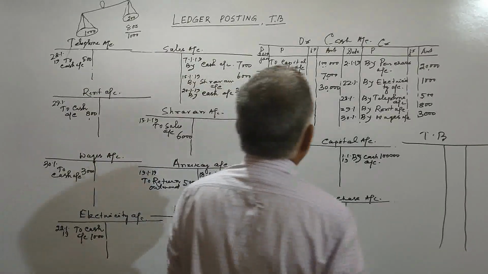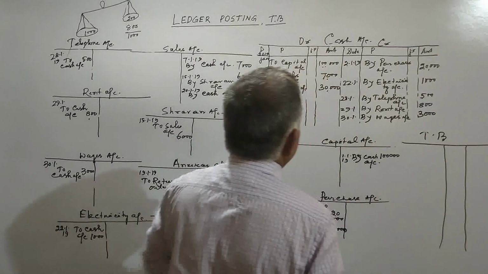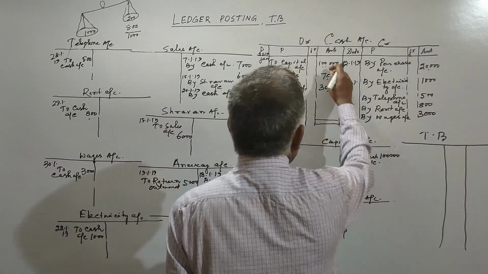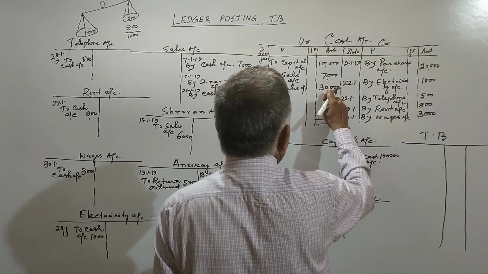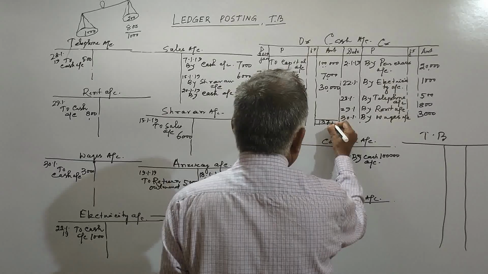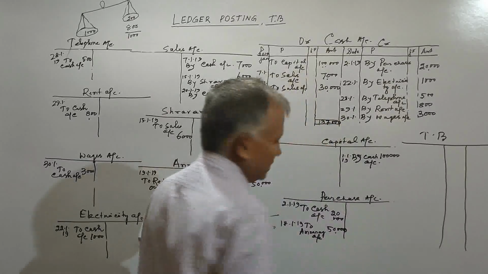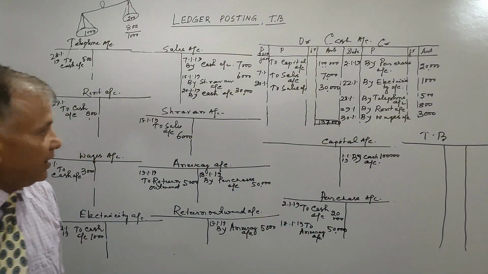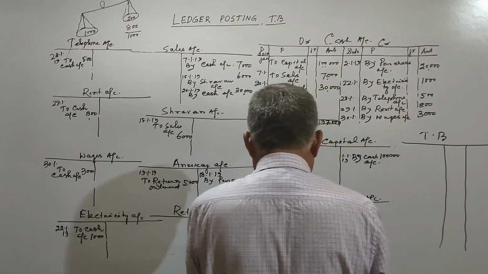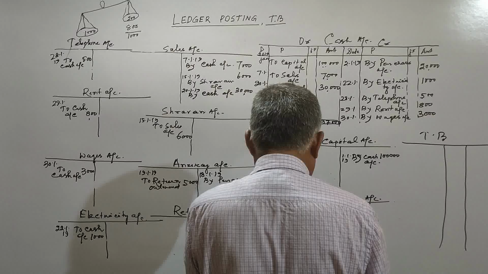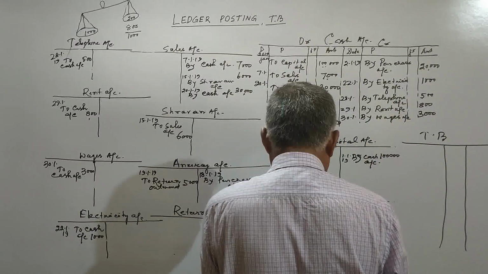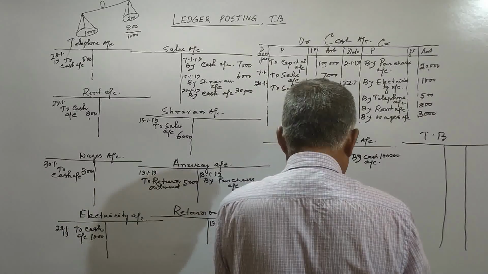So let us start. Here cash account, the debit side is higher. 1,07,000, 30,000, 1,37,000. The cash account is higher. Here this is 1,37,000 minus 20,000 minus 1,000.